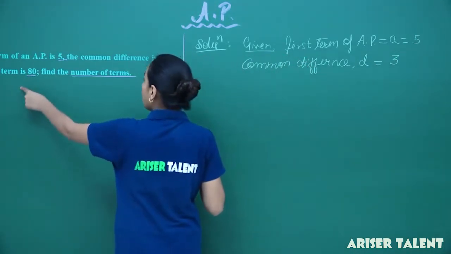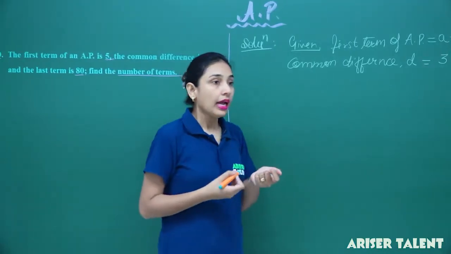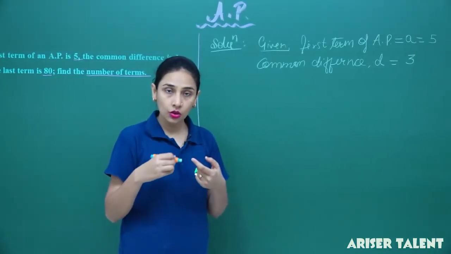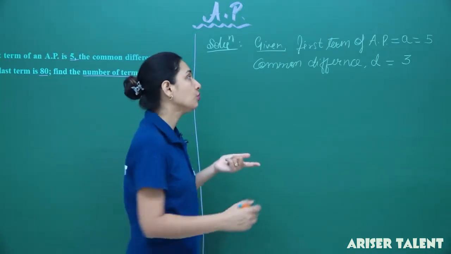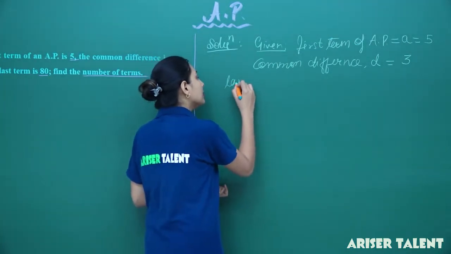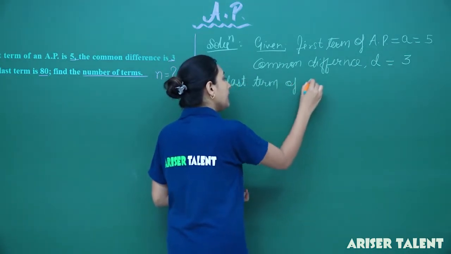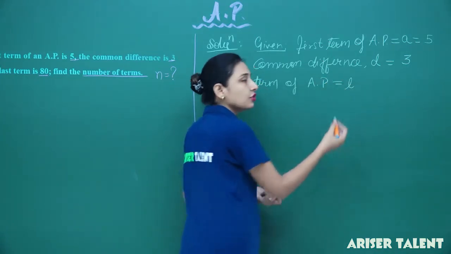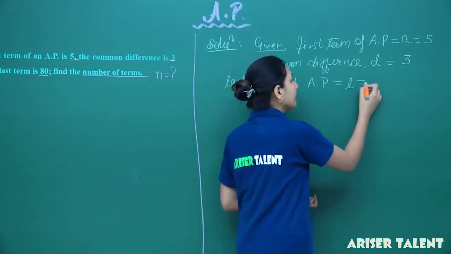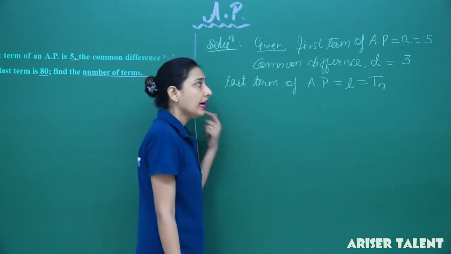Last term can be denoted by small l, and we also write it as Tn. The last term of AP, you can either write as small l or as Tn, the nth term, and the nth term is the last term of our AP.